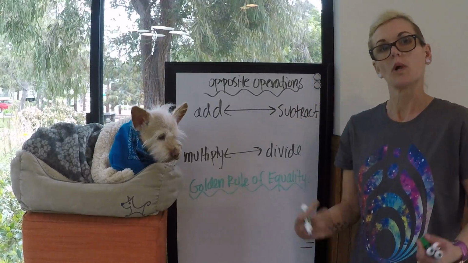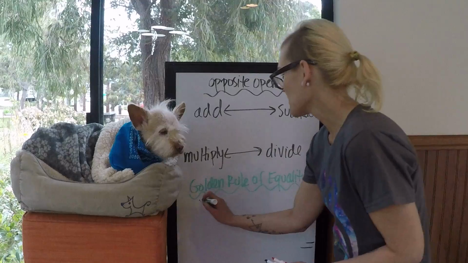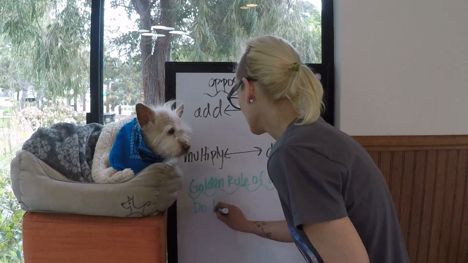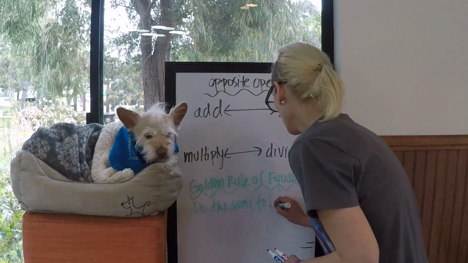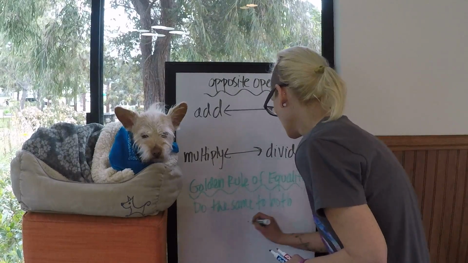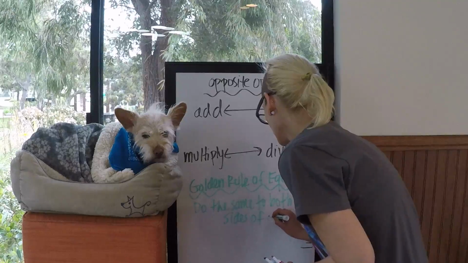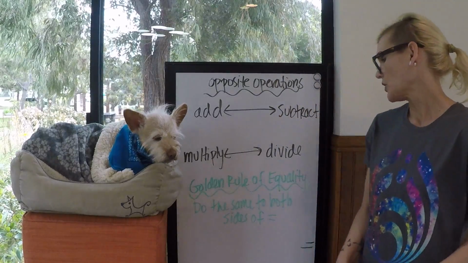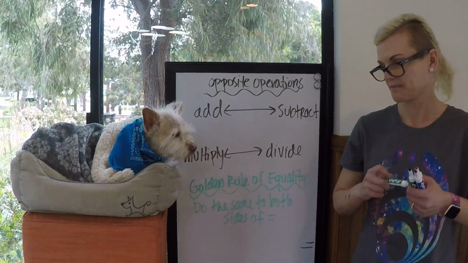Basically it says whatever you do to one side, you have to do to the other. So I'm going to say do the same to both sides of your equals. On both sides of your equal sign, you're going to do the same thing.